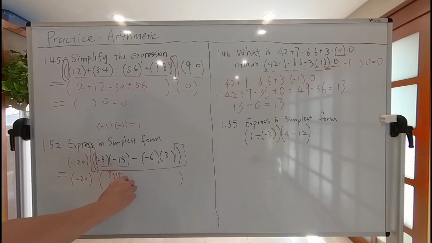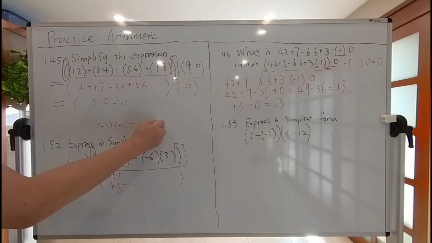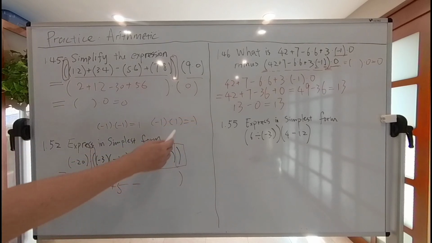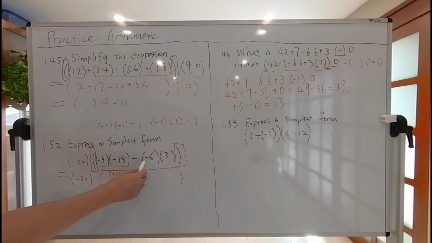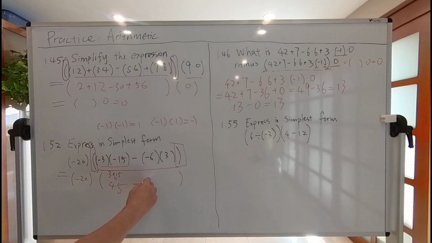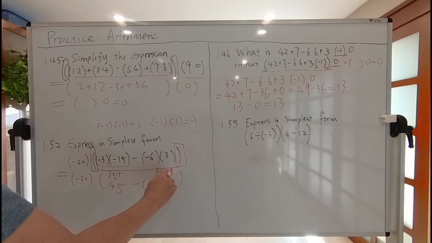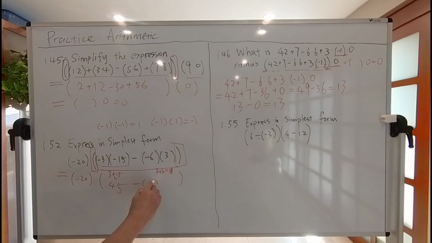I'm just skipping one step here. And similarly here, you have a negative sign and a positive sign, so the outcome of this multiplication should still be a negative number. So minus 6 times 3 should be a minus outcome, and 3 times 6 is 18. So the result is minus 18.